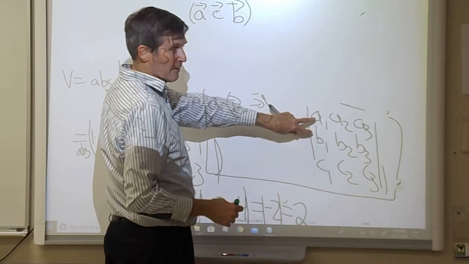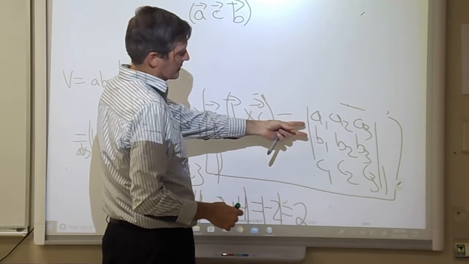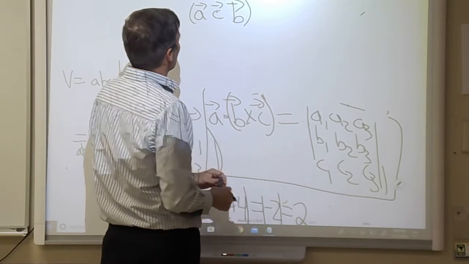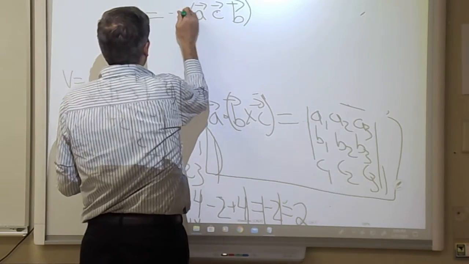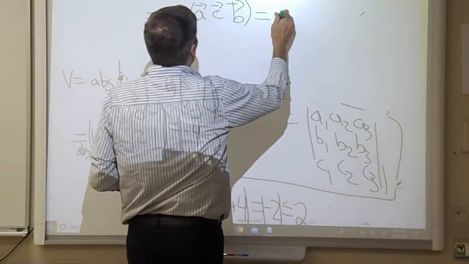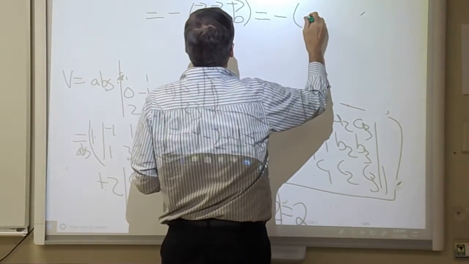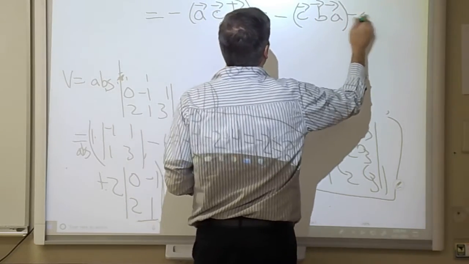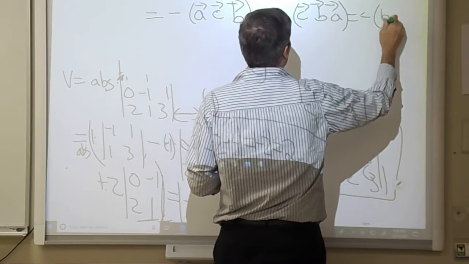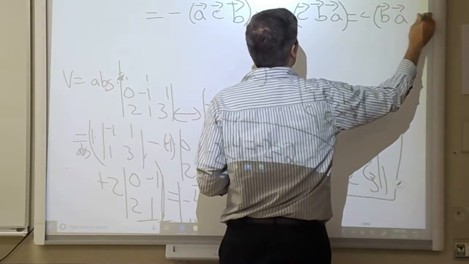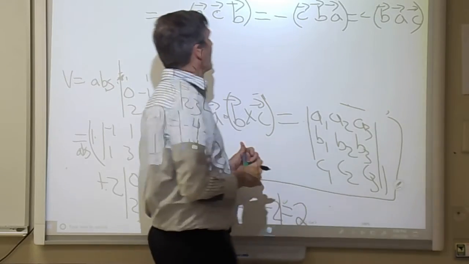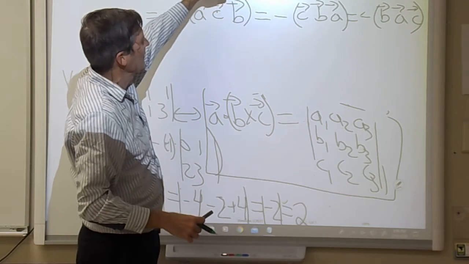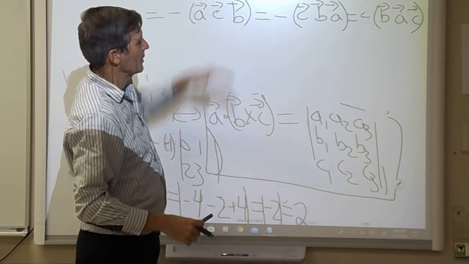So if you interchange two rows in a matrix, you know from matrix algebra or just from the determinant formula, it's easy to prove, you get minus what you would have had in the original order. So this one is actually equal to minus this one, and then you can rotate these around. It's minus [C, B, A], which is minus [B, A, C]. So there's 6 different orders you can put A, B, C in. 3 of them are equal, the other 3 are equal, and the one triples are all equal to minus the other triples.